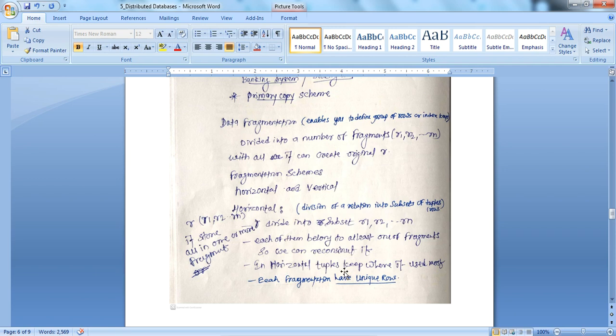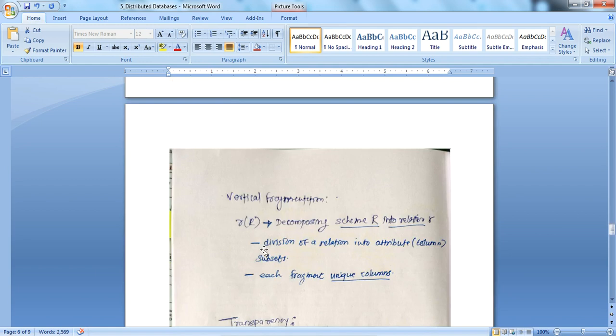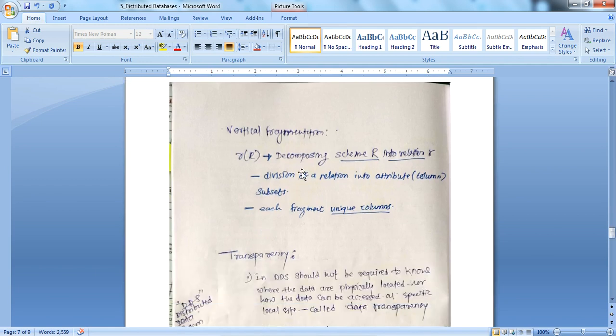In horizontal fragmentation, tuples are kept where they are used most. Each fragment has unique rows. That is simply horizontal fragmentation, stored in one or more fragments.